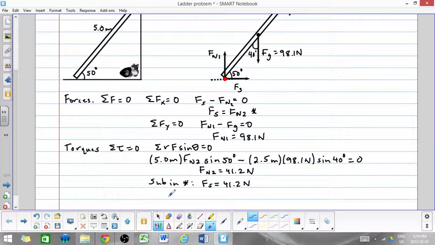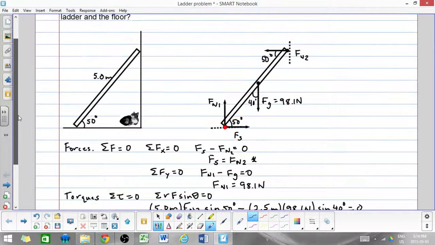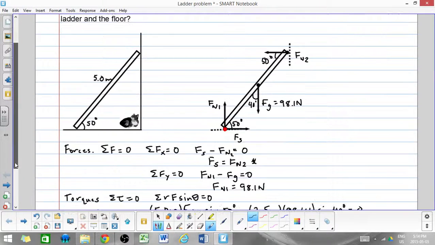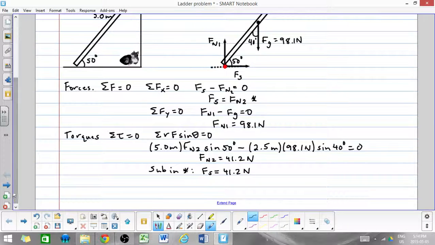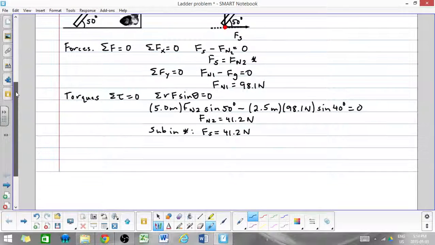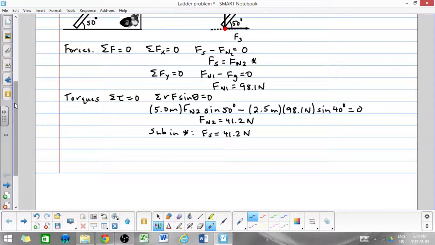Okay, we have dealt with all the forces and torques without even thinking about the slipping condition. Why does it matter that the ladder is about to slip? Well, the ladder slips when the static friction force reaches its maximum value. Just like when you did the experiment with the brick to find the coefficient of static friction. You need to know the maximum value of static friction before you can calculate mu.